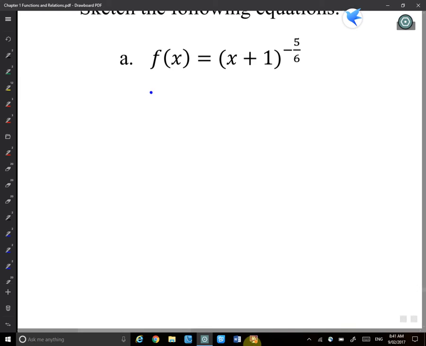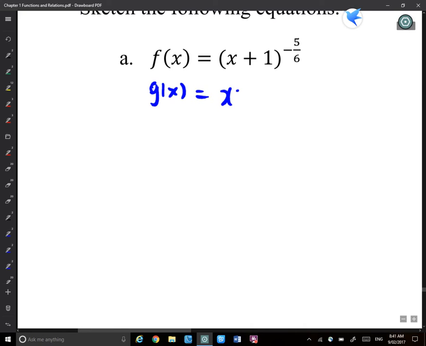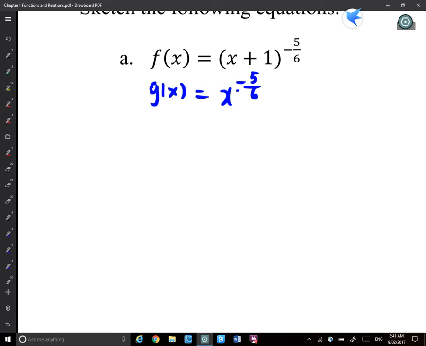If we have g(x) equals x to the power of negative 5 over 6, compared to f(x) and g(x), the graph of f(x) is just g(x) moved to the left by 1 unit, right? Plus 1 is moving to the left by 1 unit.